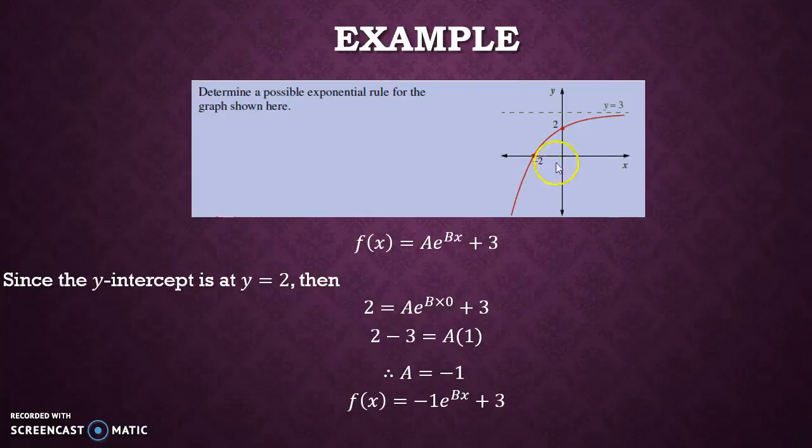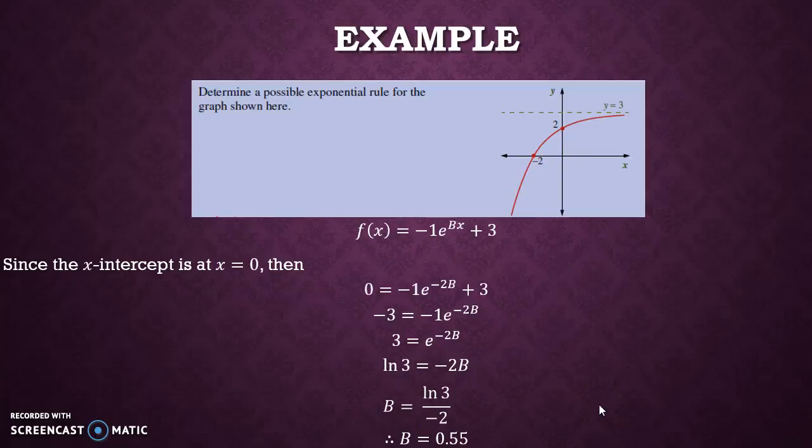And we're going to finally use our x-intercept of -2 to calculate b. Again, what we do is plug into the model we're working with, when y equals 0: 0 equals -1 e to the power of -2b plus 3.